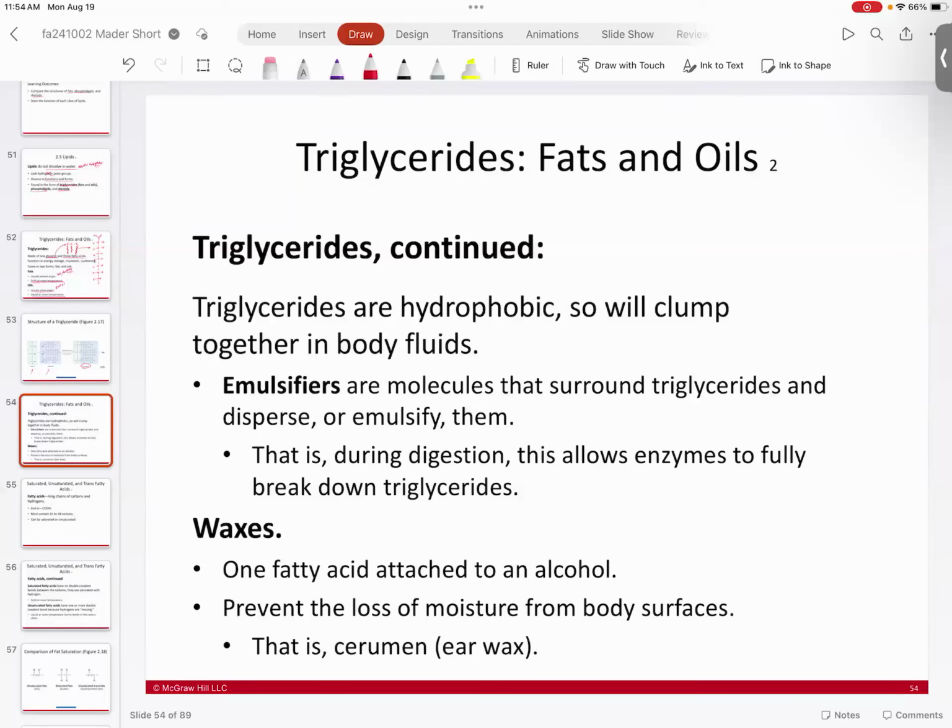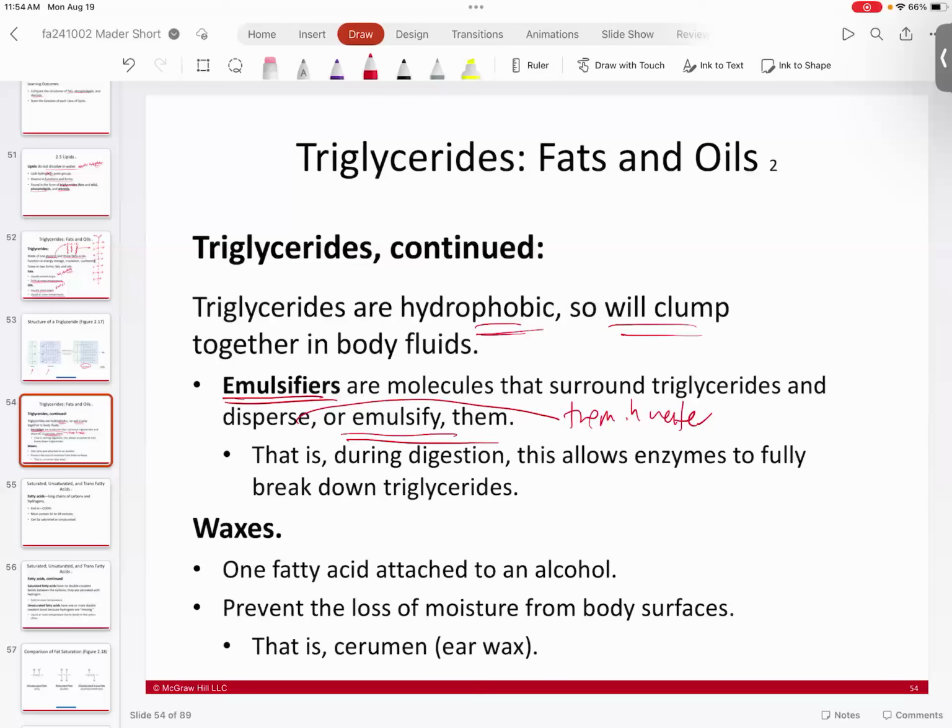Triglycerides are hydrophobic, so they will clump up in your body fluids. So you have emulsifiers and proteins whose job it is to carry these things around. An emulsifier disperses them in water.